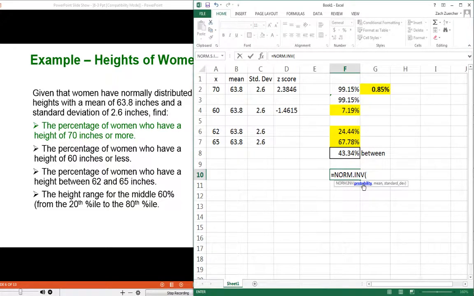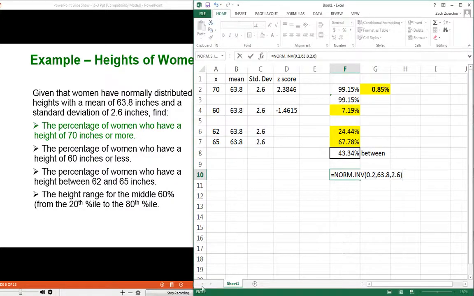We want to first of all figure out what value of height. What's the X value with 20% of the data to the left? So I'm going to just put 0.2, and we know the mean is 63.8, and the standard deviation is 2.6. Okay, and that is all we need.